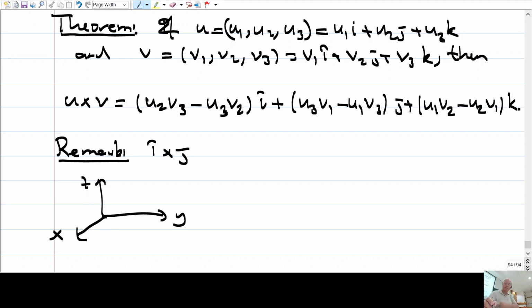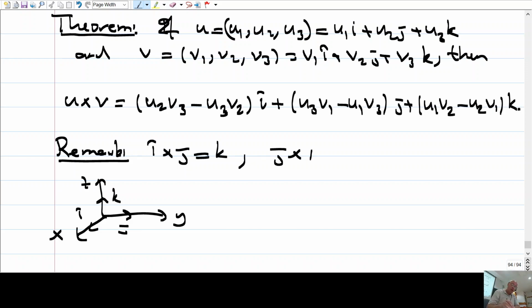I is the unit vector here, j is the unit vector here, and k is the unit vector here. So from this, what is I cross j? I cross j should be perpendicular to the xy plane, and the vector should be in the direction of your thumb, right? So it should be k.